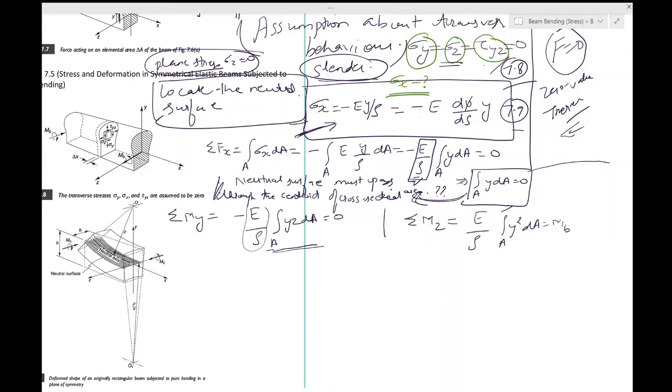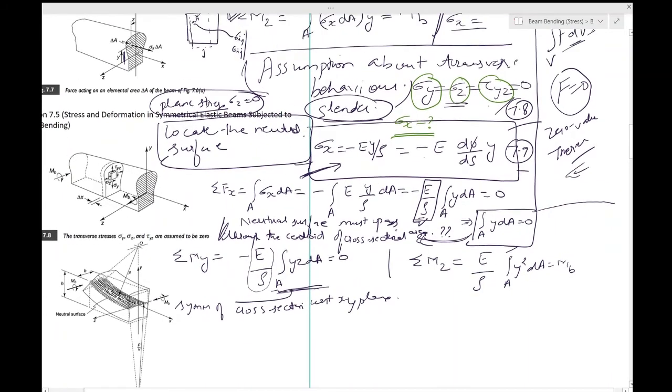The integral on the right in 7.11 is 0 because of the symmetry of the cross section with respect to the xy plane, and thus the second of 7.7 is also satisfied. So this particular thing is 0 because, let me look at that plane.